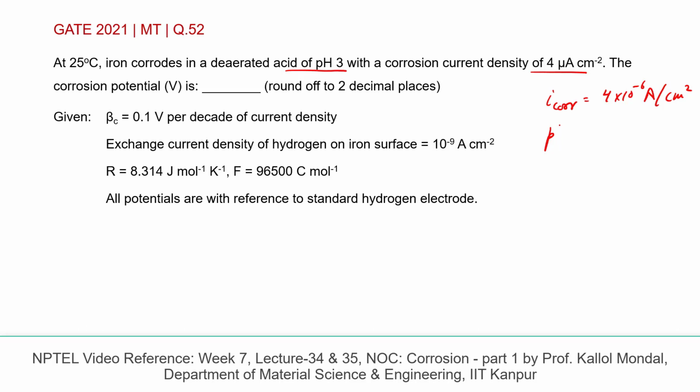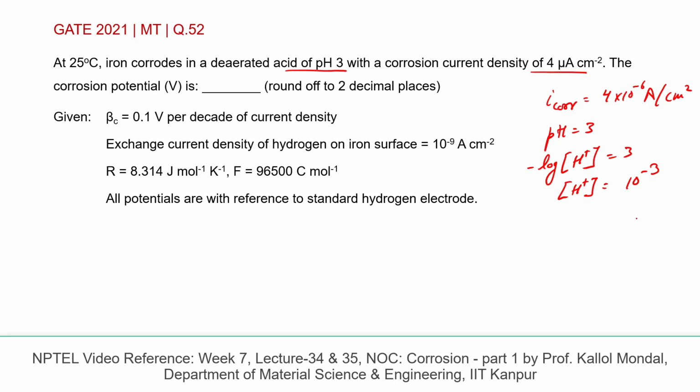The pH value is 3. pH is nothing but minus log of the concentration of hydrogen ions in the solution, equal to 3. So the concentration of hydrogen ions in the solution is 10 raised to power minus 3.